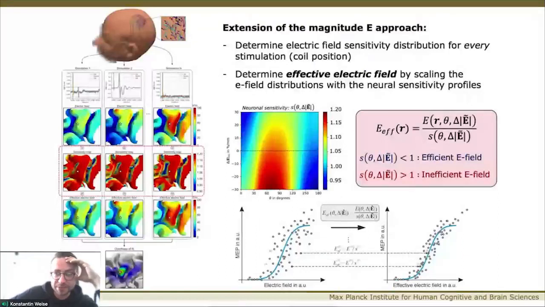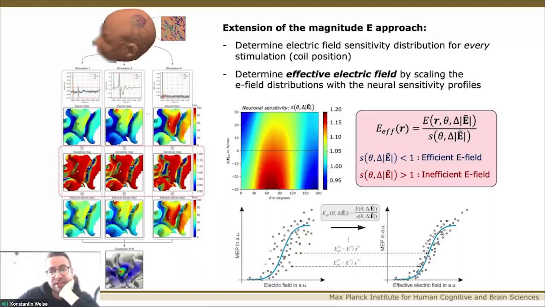So what we did was we took the map and applied an intermediate step. We normalized the map to a value of 0 degree electric field at 0 delta E. Here we can see a neuronal sensitivity map, basically, and it ranges from 0.9 to 1.2. We weighted the electric field magnitude by this sensitivity map and got an effective electric field.